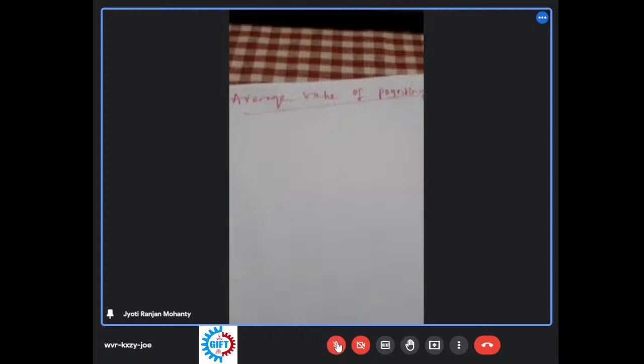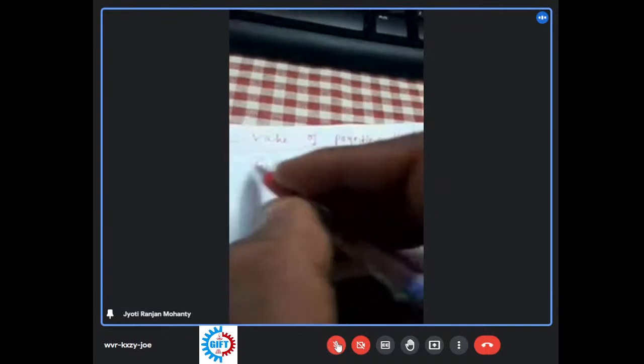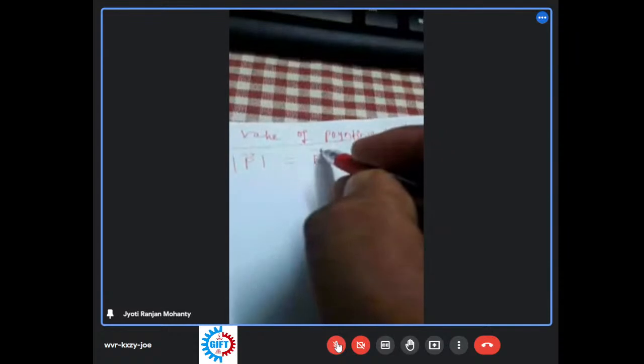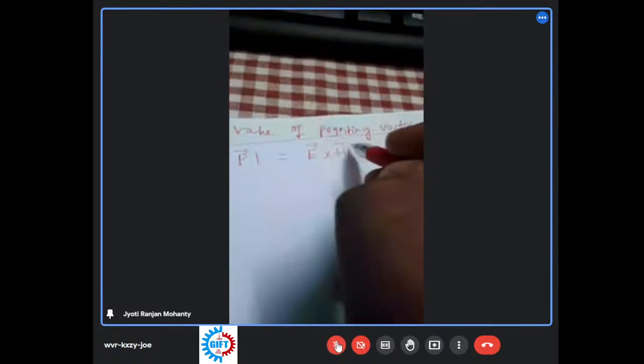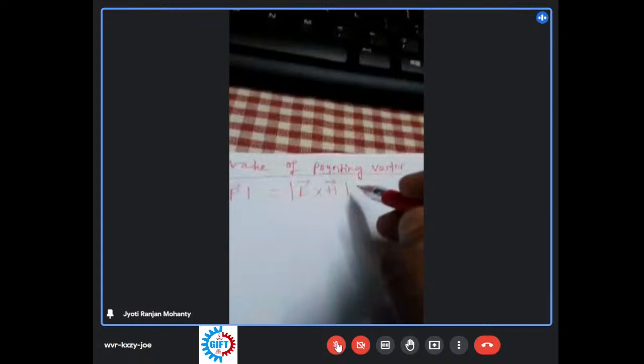So directly you remember, we have P is equal to E cross H. If I take the magnitude, this is power by area. What is A cross B? A cross B is equal to AB sine theta.